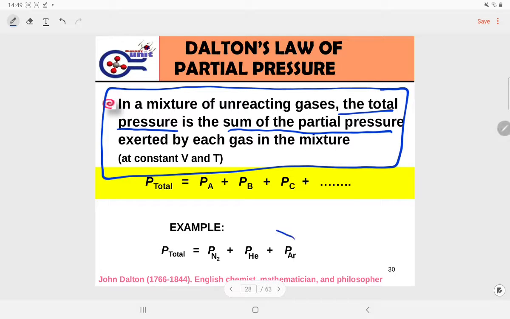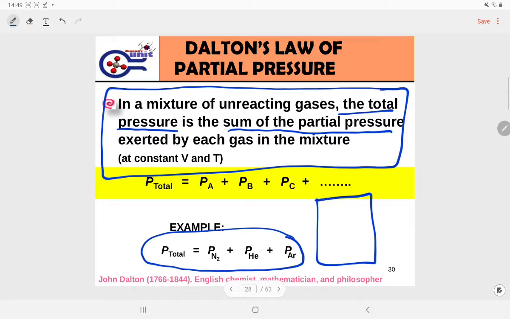For example, in this container there are nitrogen gases, helium gases, and argon gases. So the total pressure of this container is equivalent to the partial pressure of nitrogen add on with the partial pressure of helium and add on with the partial pressure of argon.